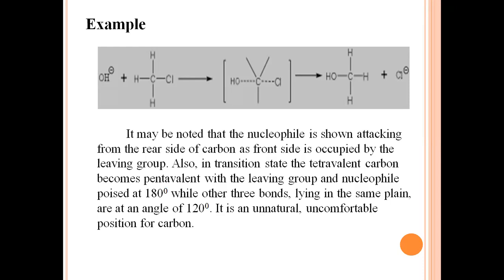That's why it is an unnatural, uncomfortable position for the carbon. So for a fraction of a second, the carbon achieves this transition state, and immediately after departure of the leaving group, the carbon regains its original tetrahedral nature and forms the methanol.